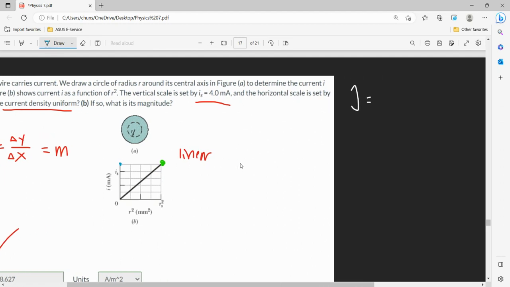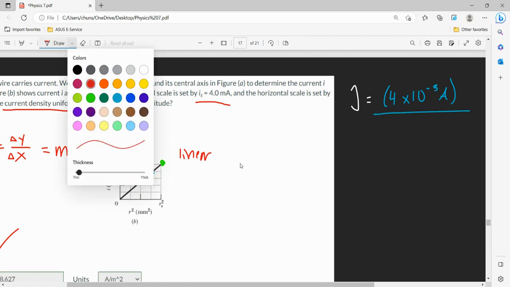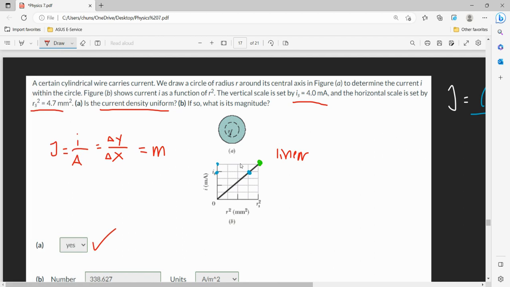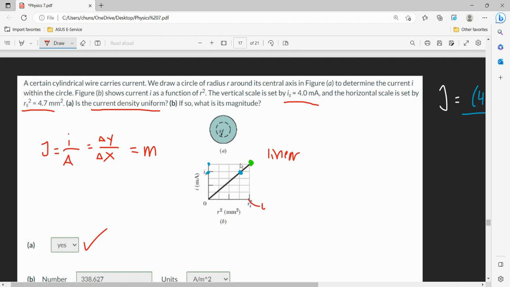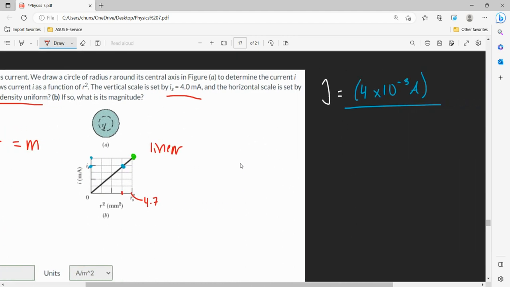So we can do our change in y. So let's use this point here. So this is I, so that's 4 milliamps. And that's over, so if this is 4.7 right here, so if we take 3/4 of that, we'll be in line.